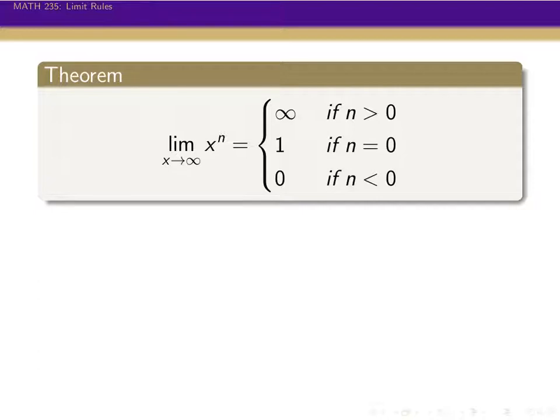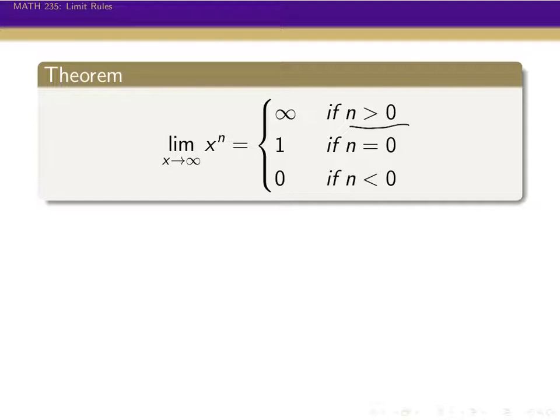This is a fact that I'm sure you're not too uncomfortable with: if we look at what happens to a power of x as x goes off to infinity, it depends on what the power is. If the power is positive, then the function is going to be going off to infinity.